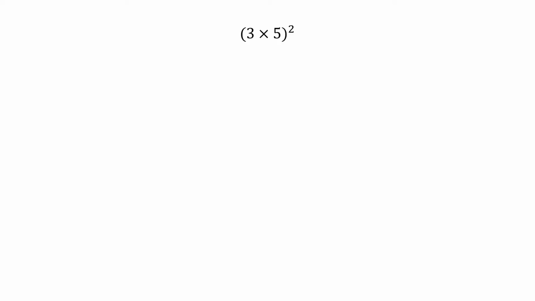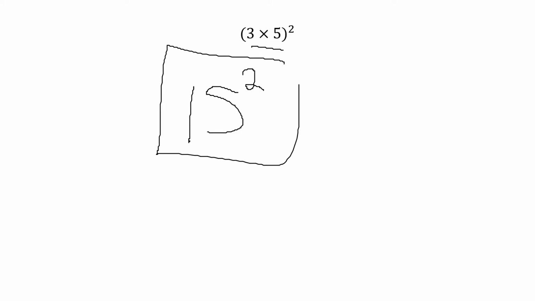So instead of learning something else, if you were to look in the textbook, I want you to kind of ignore it. They want you to sort of expand this out and then do some more work, and it is kind of silly. Because order of operations tells us to solve inside the parentheses first. And if we're told to simplify it, we're going to stop right here. If we're told to solve it, we're going to solve it.